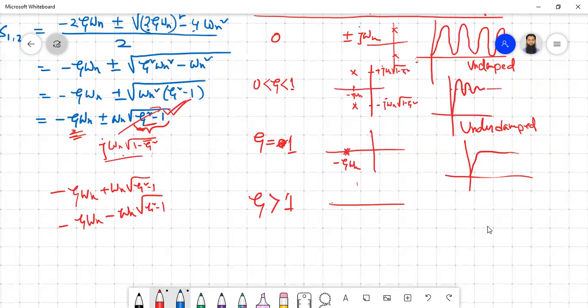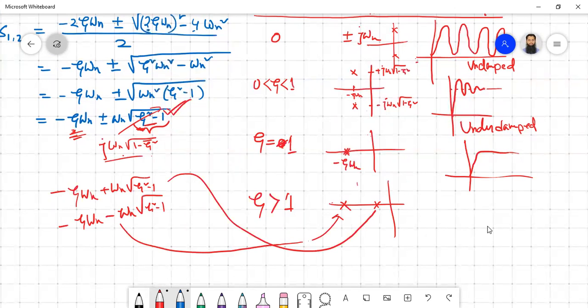So actually we'll have an overdamped scenario, one pole here, one pole there. So we can call this one this value, and this one this value. Based on that, we are going to get a delayed response going towards the final value. Okay, so this is overdamped. So this was critically damped, and this is overdamped.